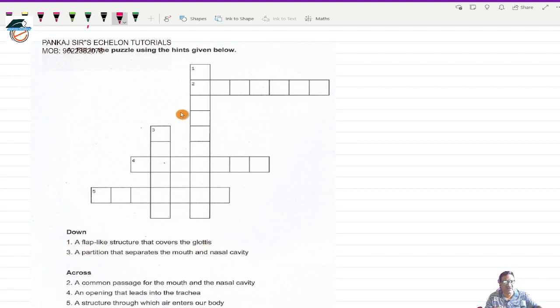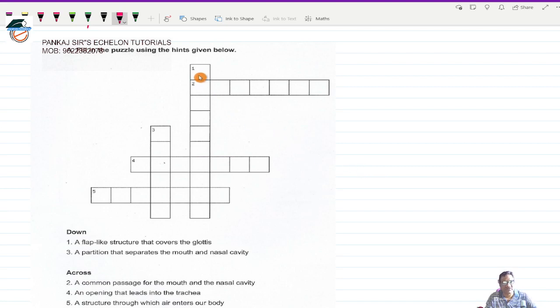It is one down, so you can go from year to year. So the name of that structure which covers the glottis. Now let me tell you what a glottis is. Glottis is an opening in the trachea through which the air enters the trachea. Now there is a muscular flap-like structure which always covers this glottis, and this structure is known as epiglottis.